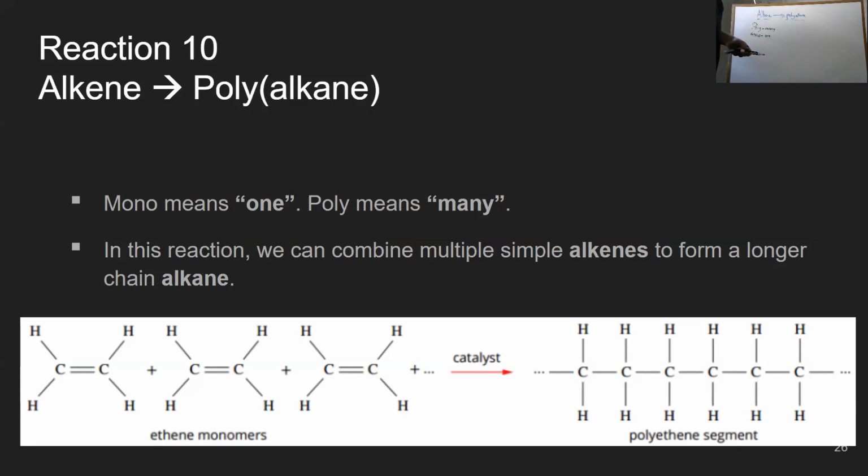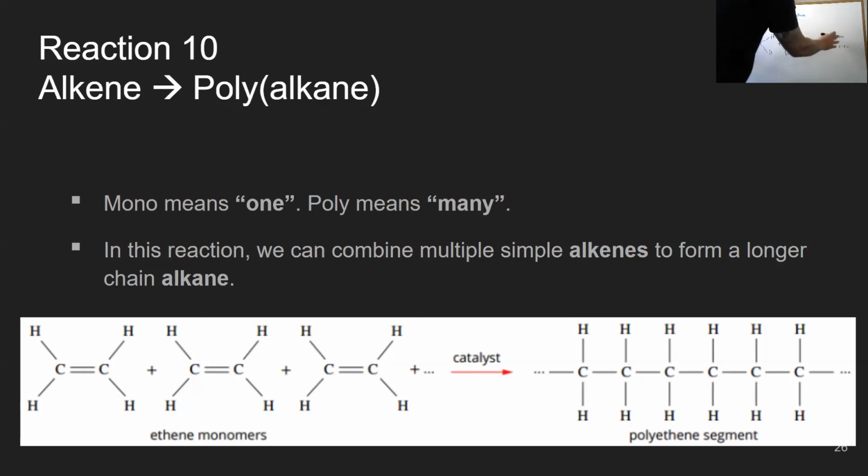We take ethene monomers, and this creates a polyalkane. The double bond breaks, and we get a chain.